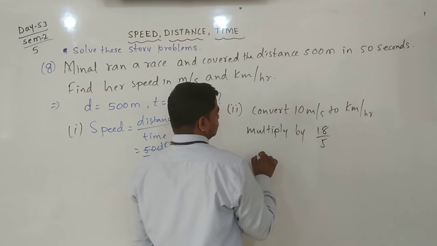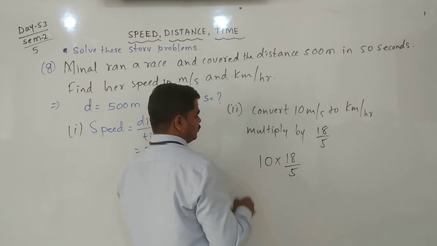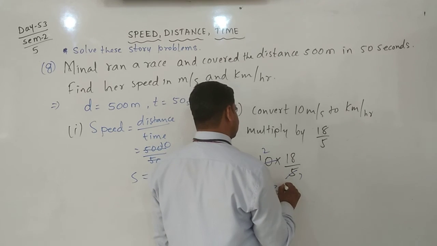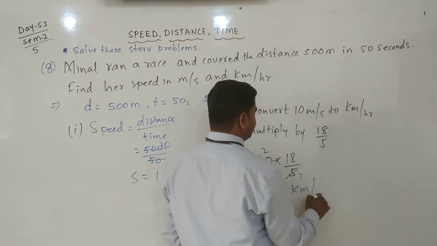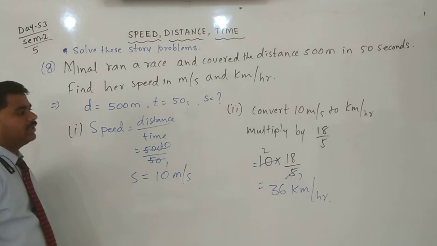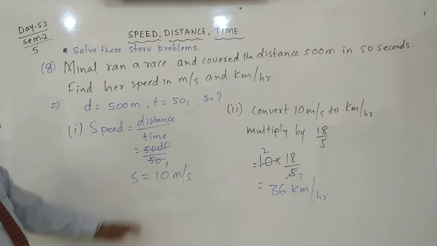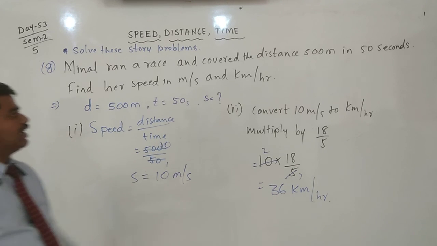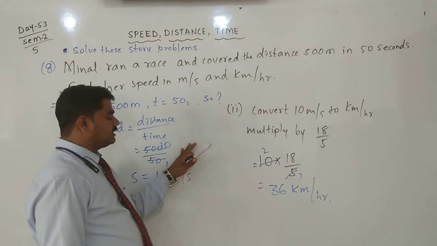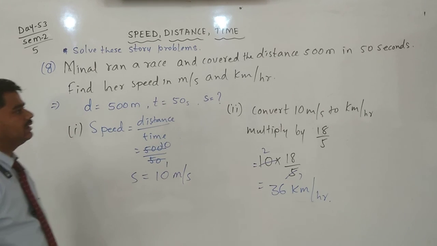Then 10 into 18 by 5, that is equal to 2 times 18 is 36 kilometer per hour. We can write 36 kilometer per hour. Her speed in kilometer per hour is 36 kilometer per hour. Yes, write down.